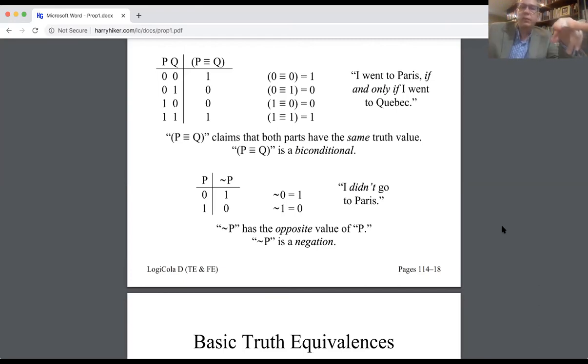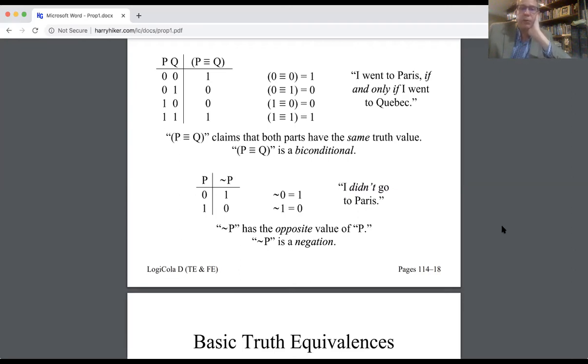And it is true just in case both of its parts have the same truth value. So if you understand that both parts have the same truth value, then you will right away know what the truth table should look like. It's only true in case P is false and Q is false, or P is true and Q is true. I hope that makes sense.